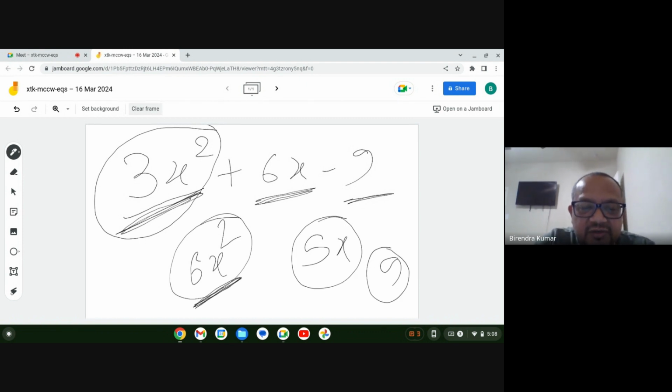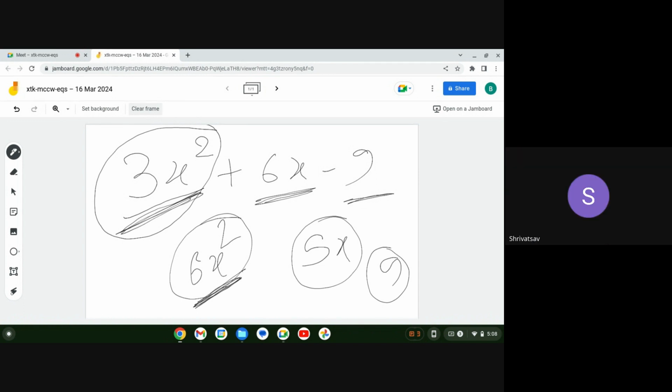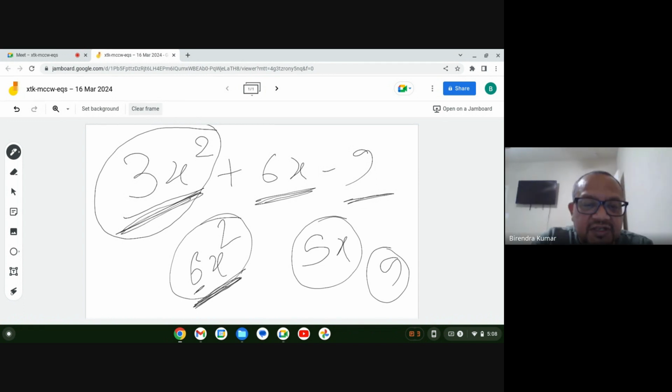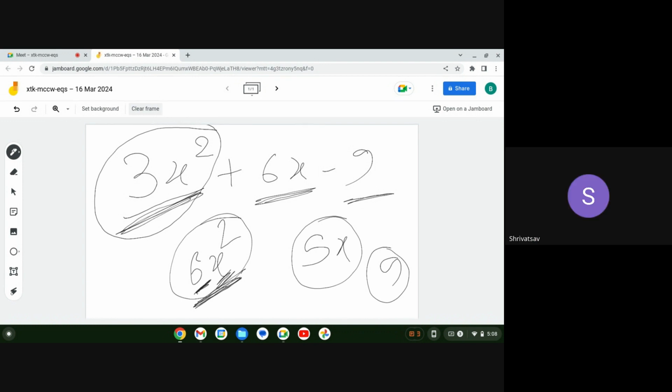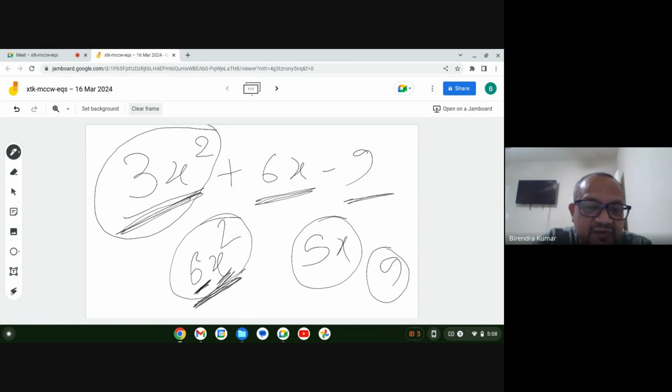A term means something which has a coefficient and a variable with some power. This is called the coefficient with which you multiply. This is the variable, and this is called the exponent or the power.